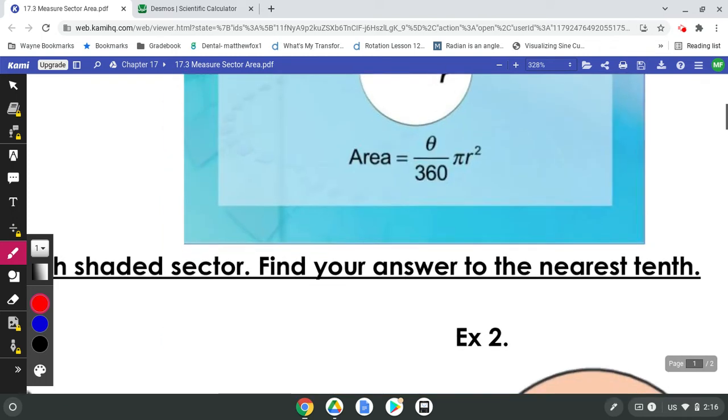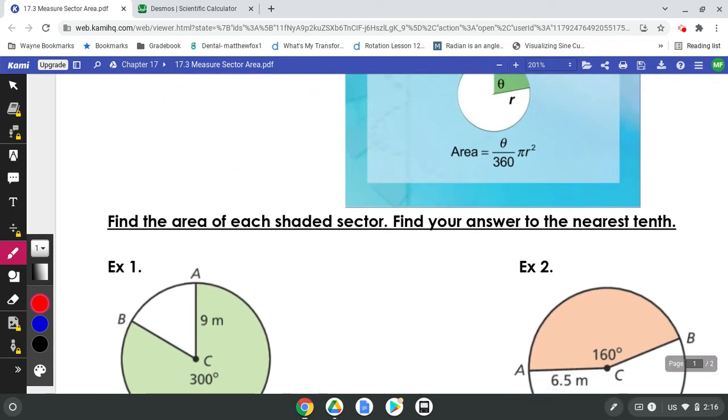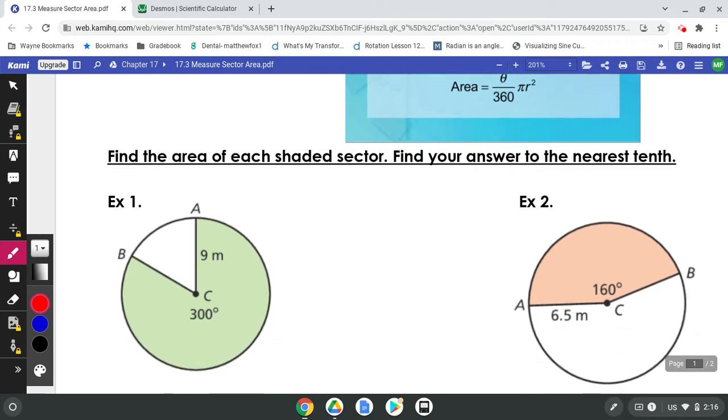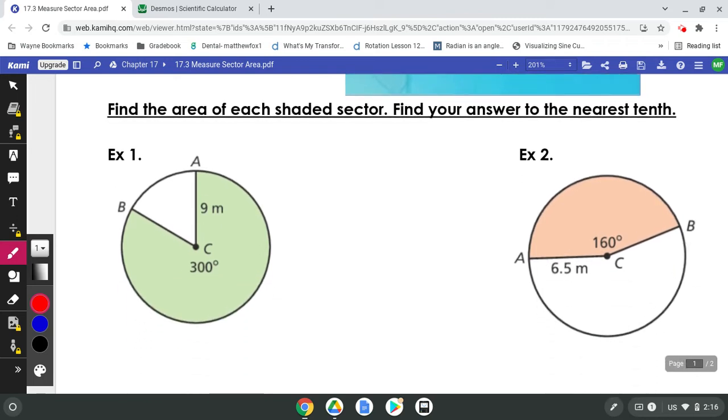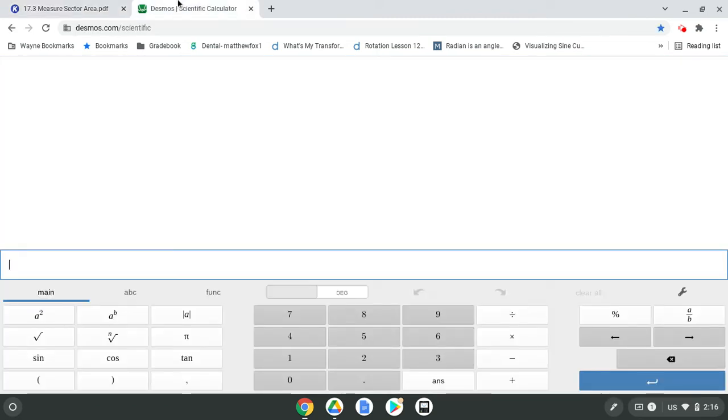So the first section here says find the area of each shaded sector. Find your answer to the nearest tenth. On number 1, 300 divided by 360 times pi times r squared. I recommend using Desmos. Your calculator will work.